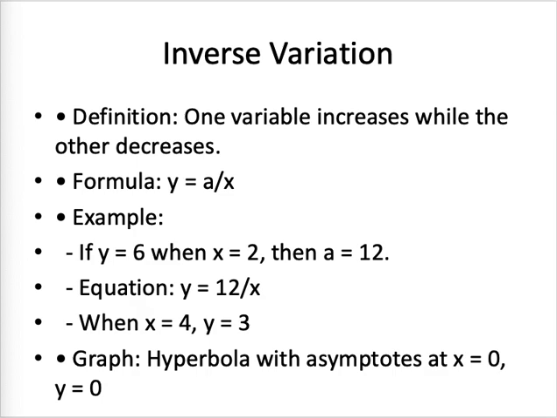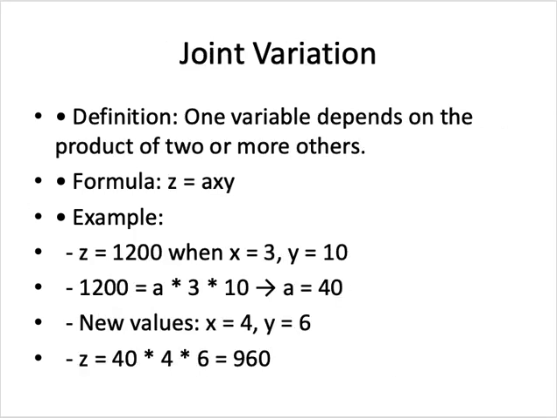So next we have the joint variation. The joint variation is when one variable depends on a combination of others multiplied together. The basic formula for this is z equals a times x times y, or sometimes with more variables, but I'm not going to discuss that.